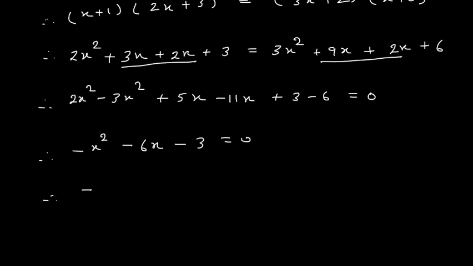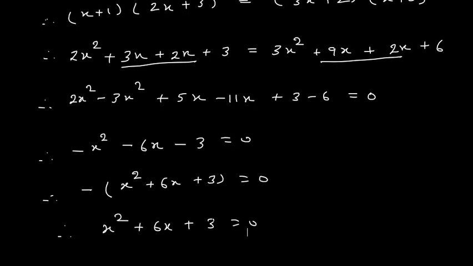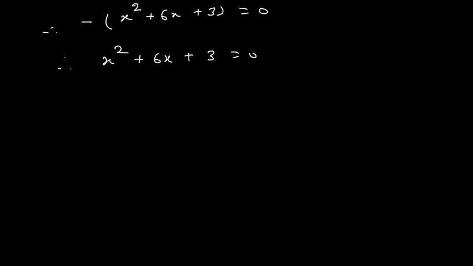So therefore let us take the minus sign common. So here it is x square plus 6x plus 3 equal to 0. So therefore we can say that x square plus 6x plus 3 is 0. Now here we have to apply the formula method. What we do?